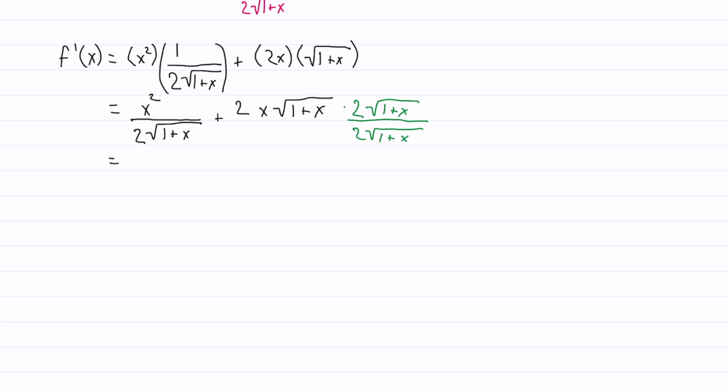And now we're going to have x squared plus 2x root 1 plus x times 2 root 1 plus x all over 2 root 1 plus x.